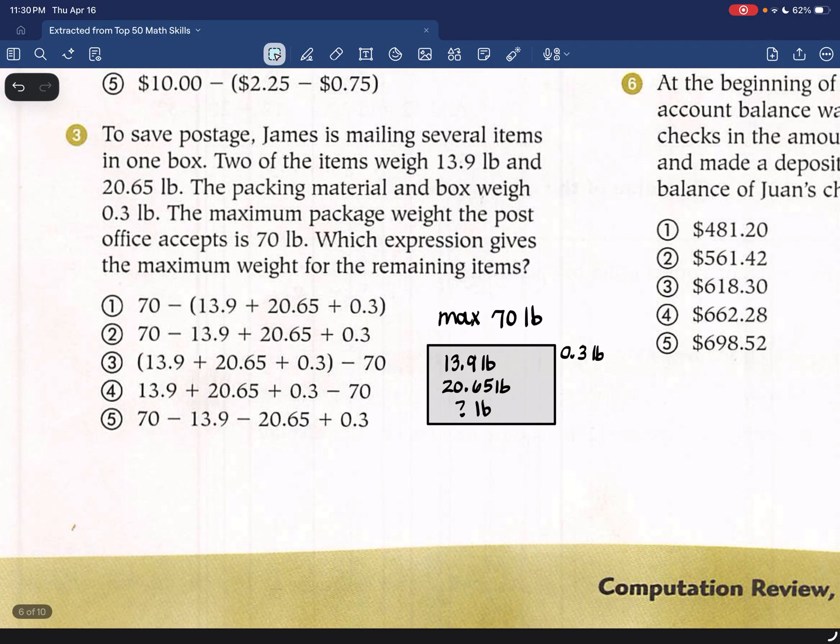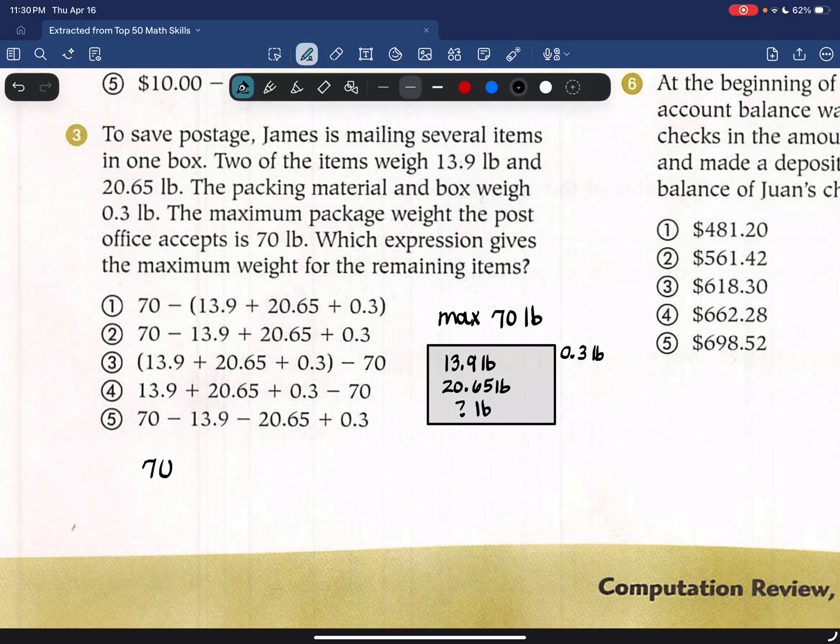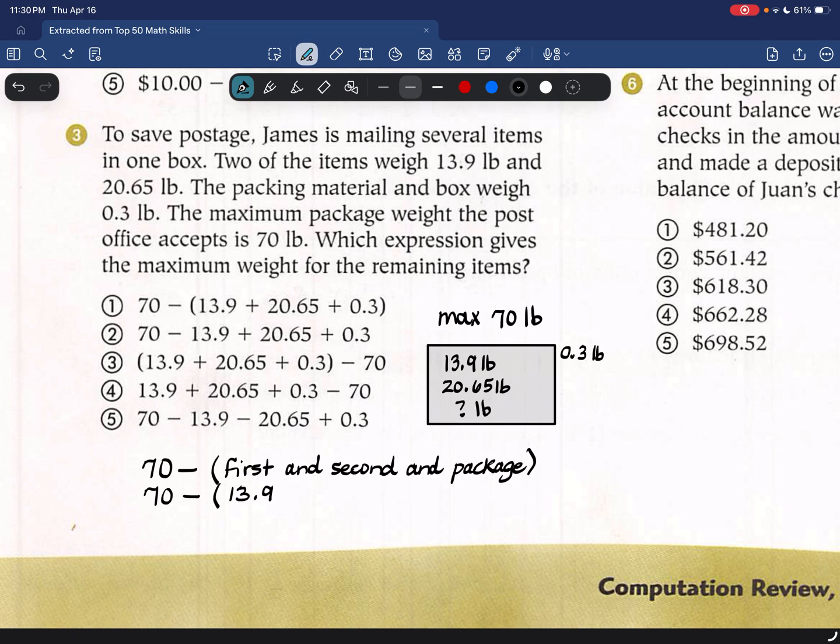So my reasoning looks like this. 70 pounds minus the first item and the second item and the packaging.